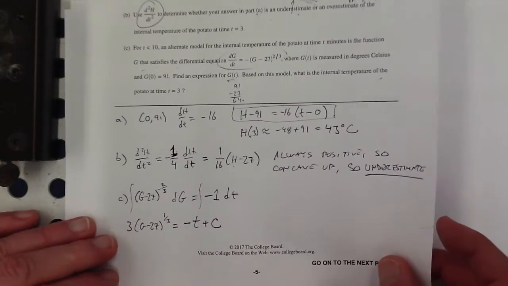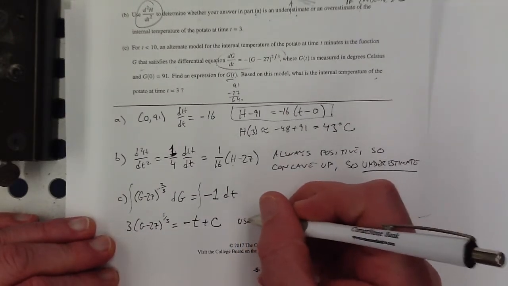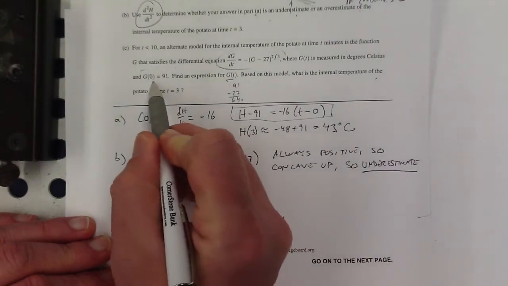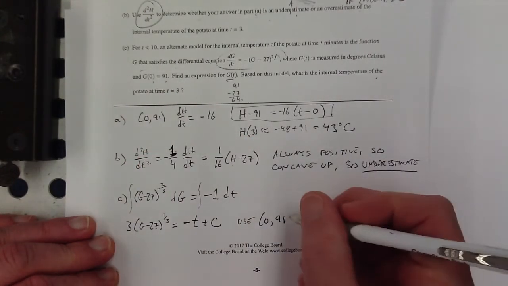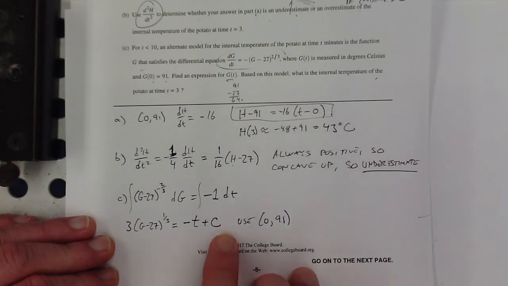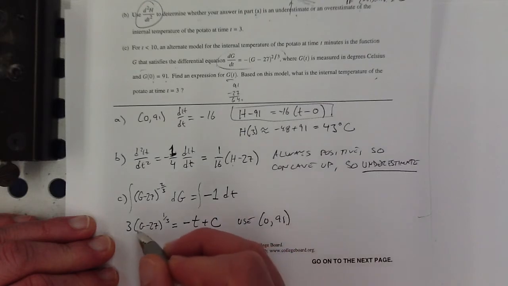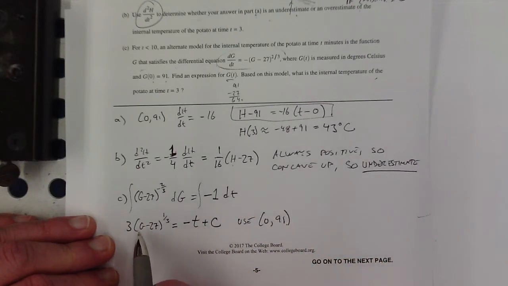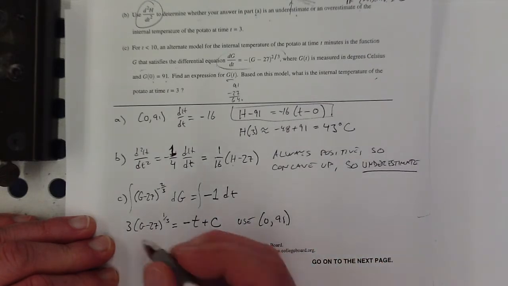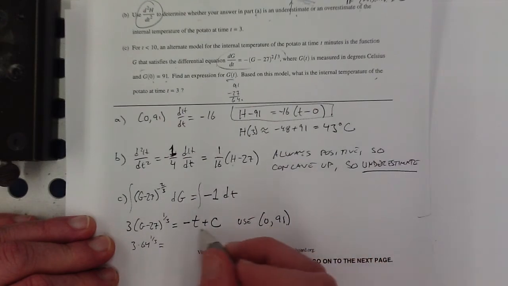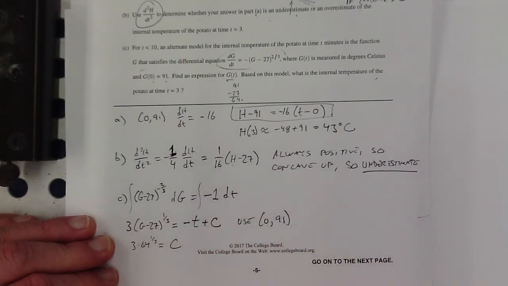Okay, and I know that my initial condition is 0, 91. At time 0, temperature is 91. So I'm going to go ahead and solve for c right now. Plugging in 91 for g, I already know that 91 minus 27 is 64, equal to minus 0 plus c.